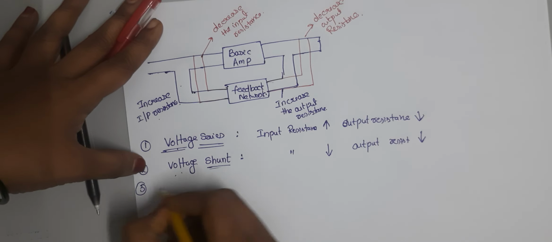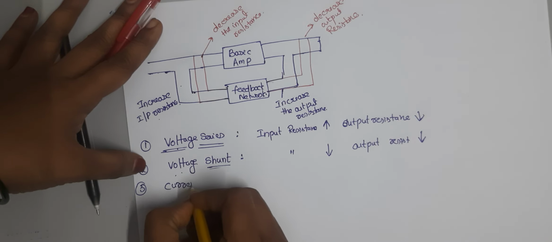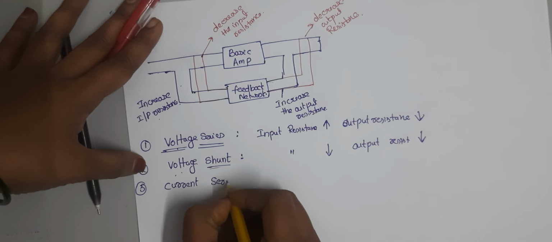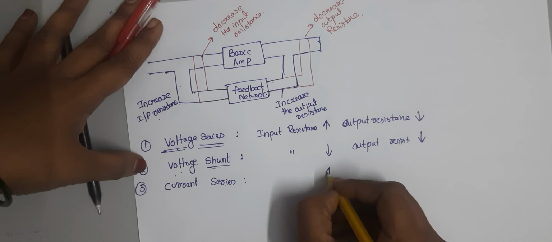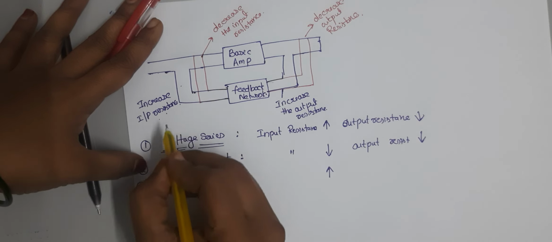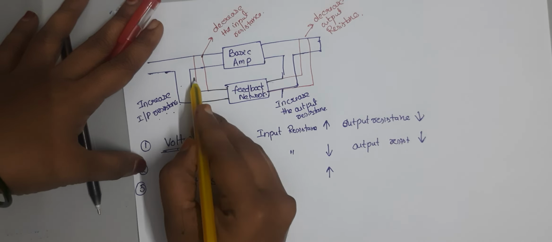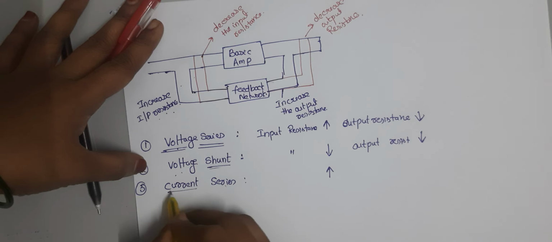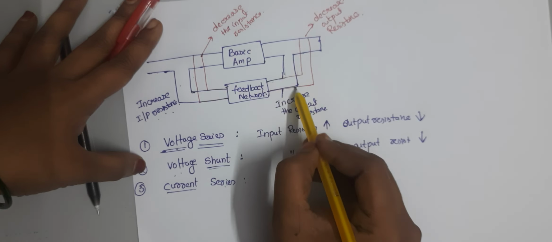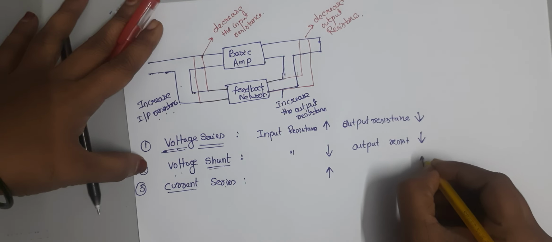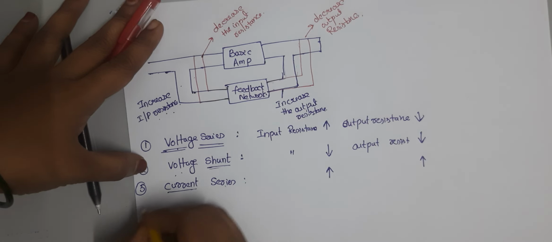And the third one, current series. So series mixing increases the input resistance, series feedback connection increases the input resistance, and current sampling also increases the output resistance. Okay.